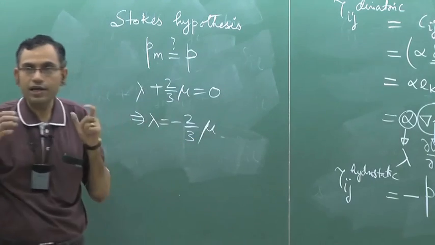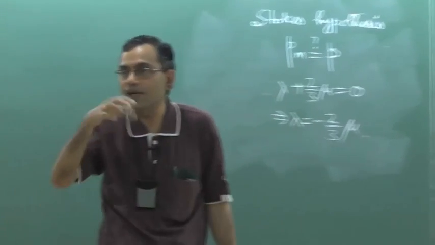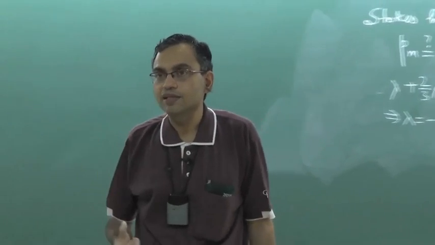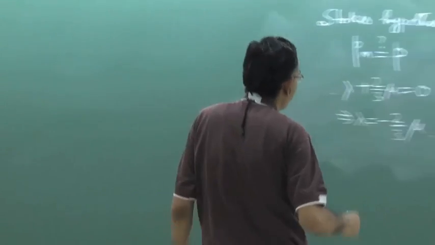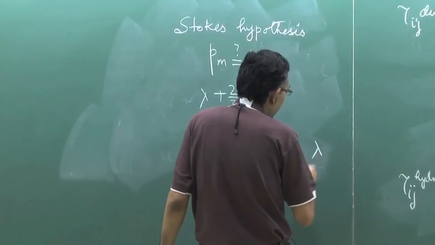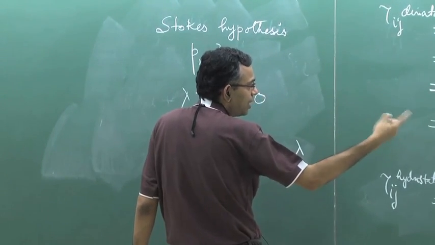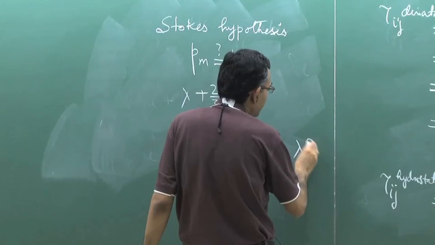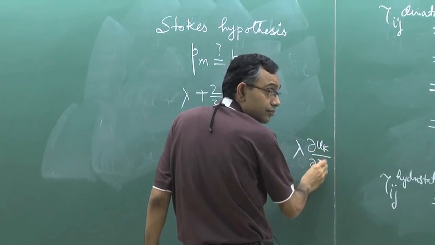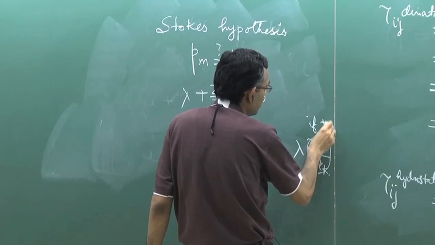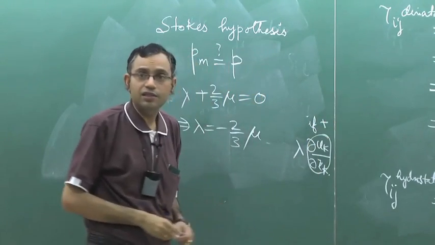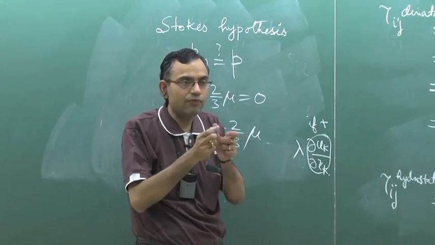So, what does it mean? What is the physical interpretation of negative lambda? The stress due to the component associated with lambda is lambda times del u_k by del x_k. If this is positive, that means the volume is expanding.